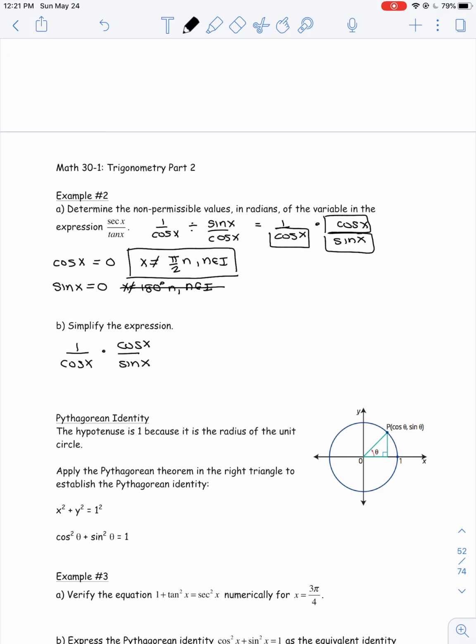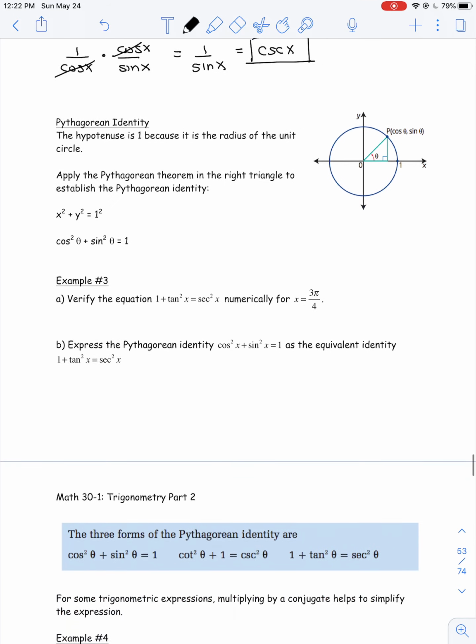Whenever you have something in the denominator and something in the numerator that are identical factors, you can cross them off, leaving us with 1 over sine x, and that's equal to cosecant x. That would be the simplified version of this. So I've just simplified it to one trig identity.